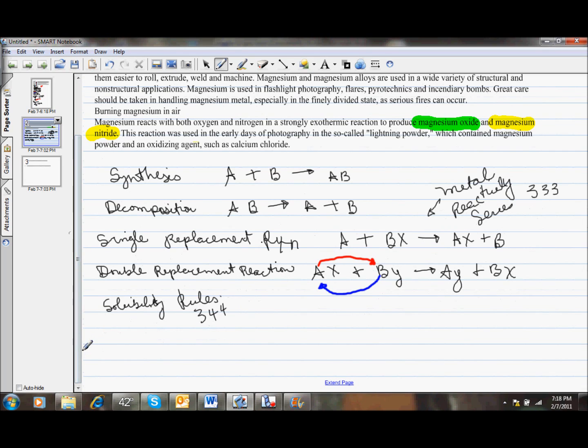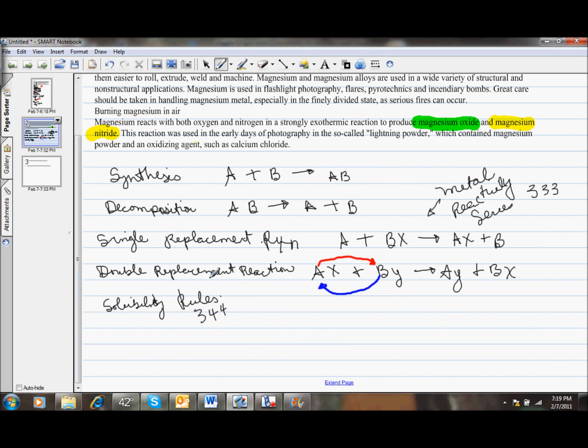I gave you a worksheet a while back, on the 27th of January, that had a copy of the metal reactivity and the solubility rules that you could use. It was called net ionic equations, and it was worksheet 10-4. You can tear that out and use it on your test.